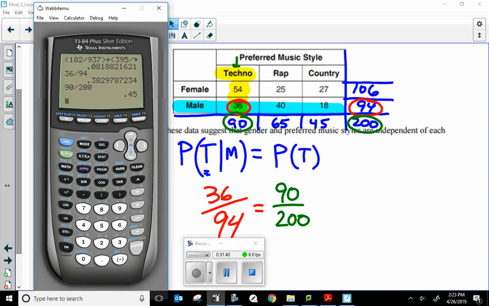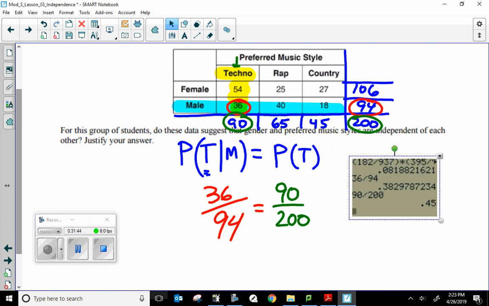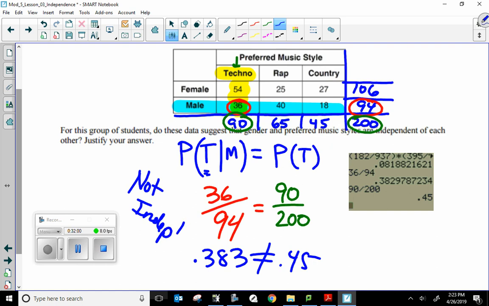So 0.383 does not equal 0.45. So guess what? They are not independent.